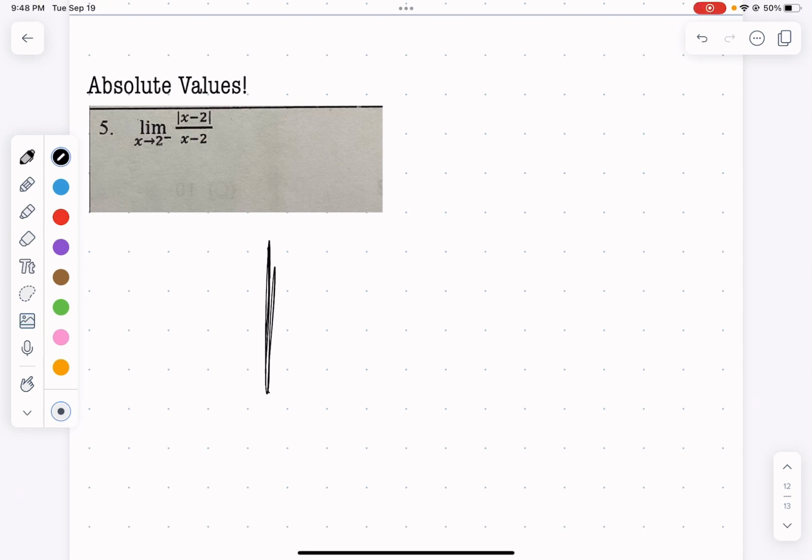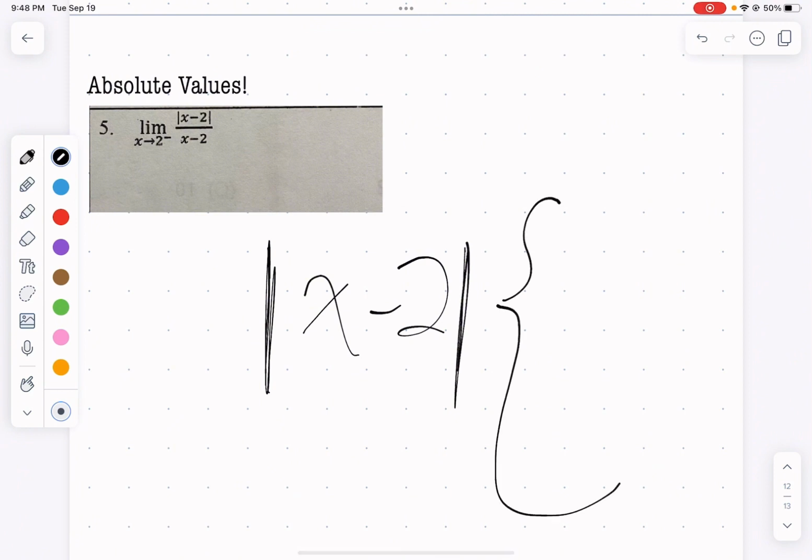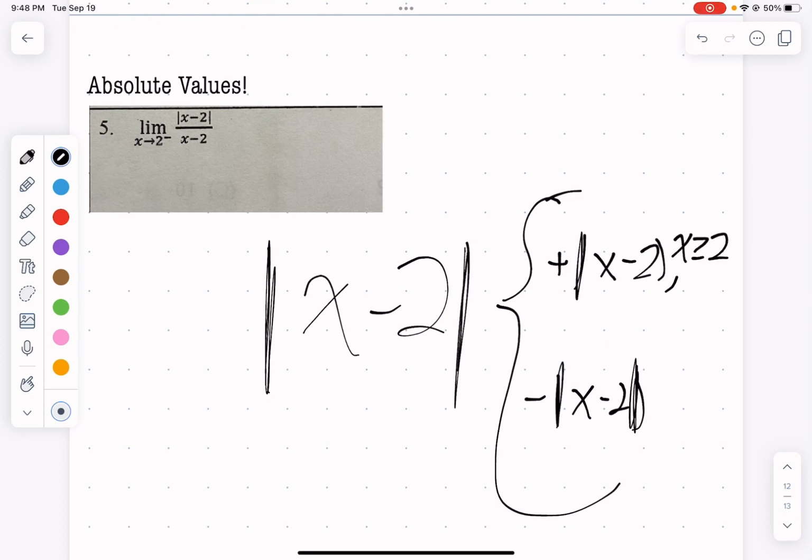With absolute values, the important thing you need to understand is that when you have an absolute value, you want to break it up into two separate pieces, kind of like a piecewise function. The top part is the positive x minus 2, for when x is greater than or equal to 2, and the bottom is the negative of x minus 2, for when x is less than 2.